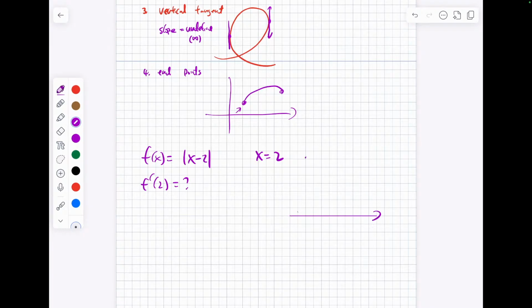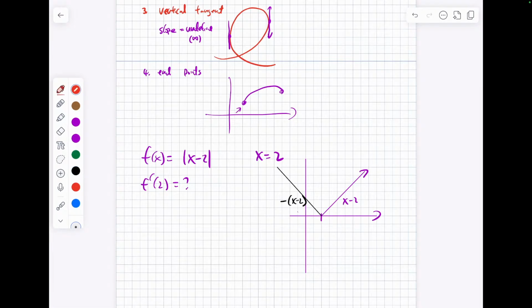First is to understand the graph. The graph on this side is going to be x minus 2. The graph on this side is going to be negative x minus 2. So there are two different sides.